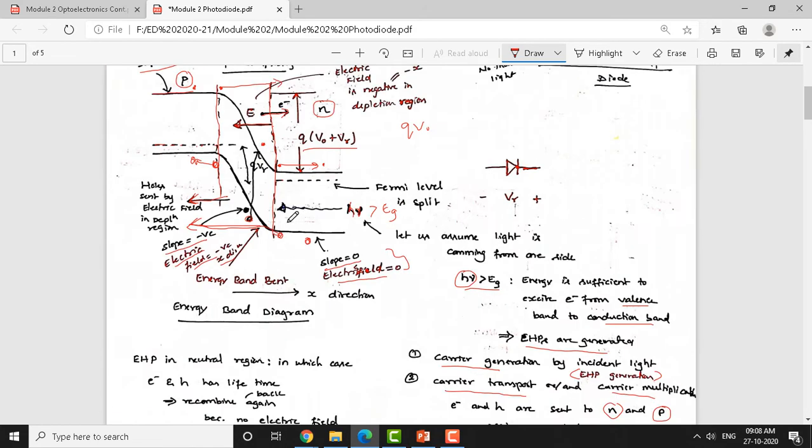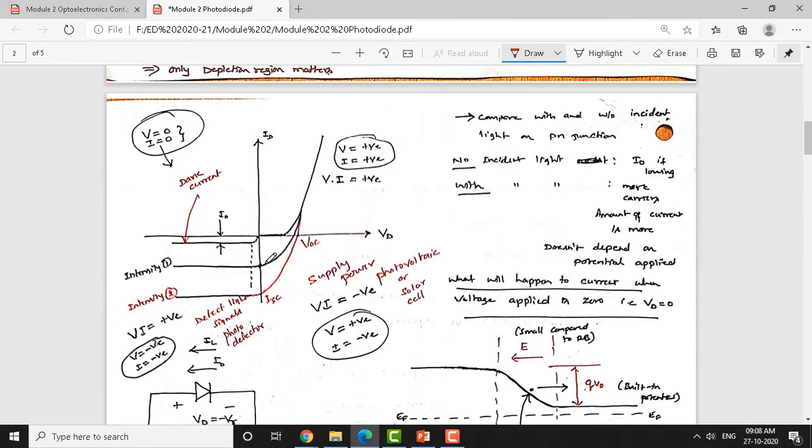As we have said already, when you increase the photons, obviously more and more electron hole pairs are generated, more electrons get collected in the N region and more holes get collected in the P region, and that creates more current. You can see here, due to intensity 1, this is the magnitude of current flowing, and due to intensity 2, let us say large photons are injected, this is the amount of current flowing here.